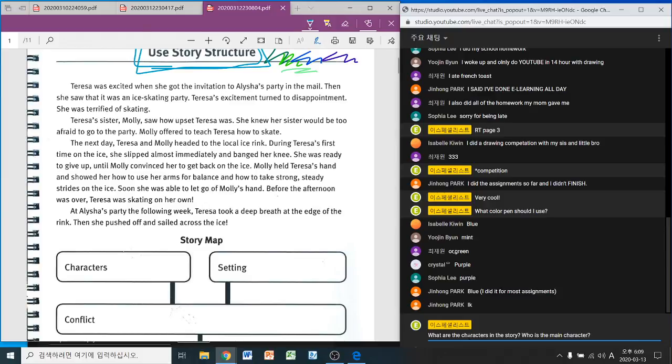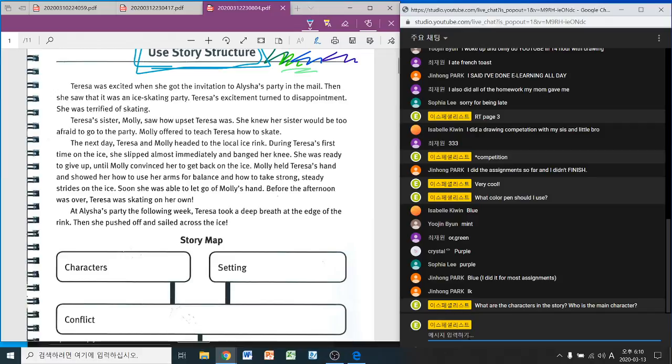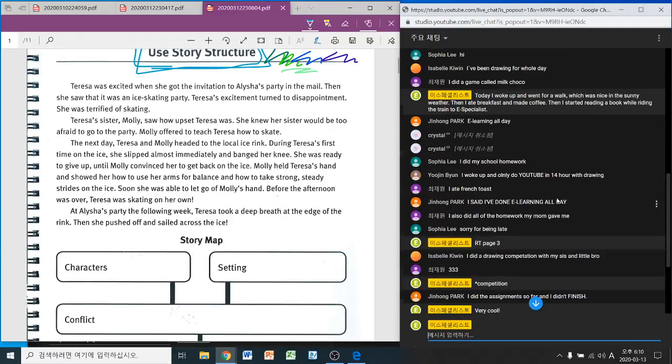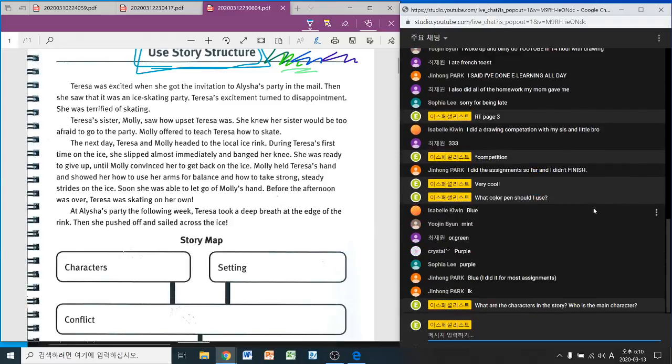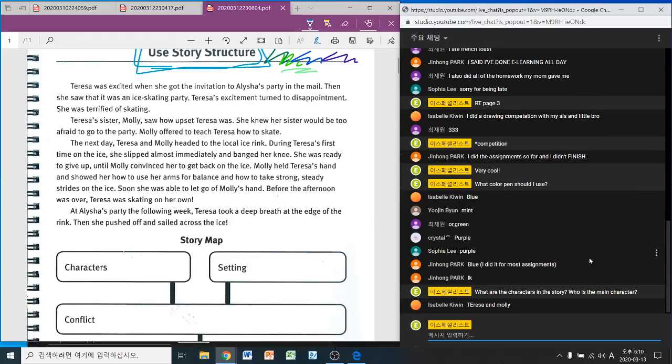You guys have a little bit of delay, so I'll send it. Isabel says Teresa and Molly. Alright. The characters. Let's see what everyone else says.